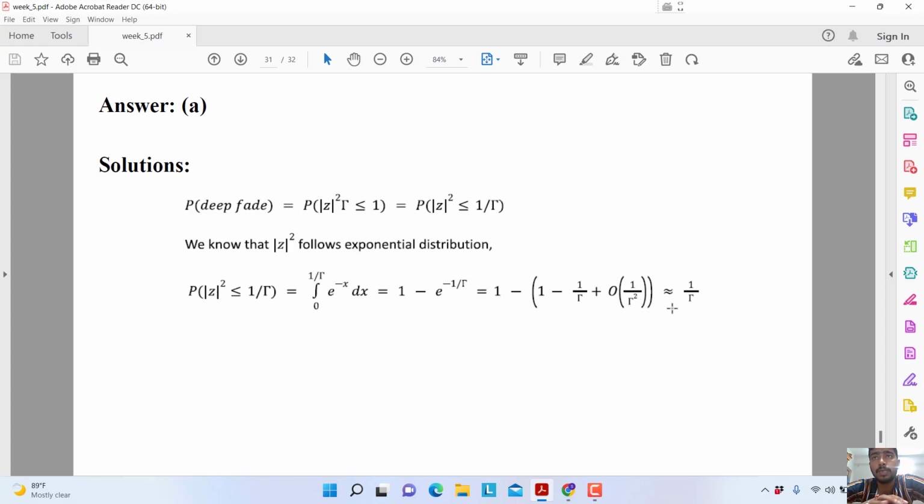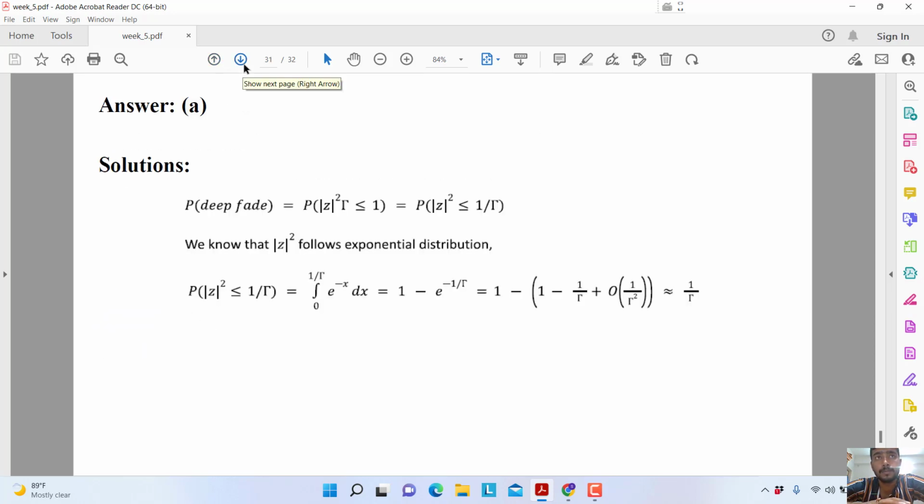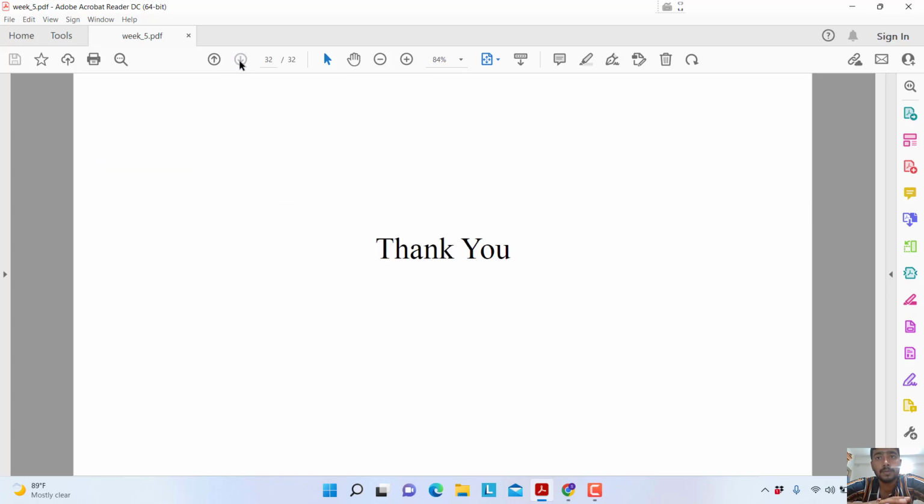So approximately it will come to 1 upon gamma. If anybody has a doubt, can ask. So the answer is the A part. Okay, thank you.